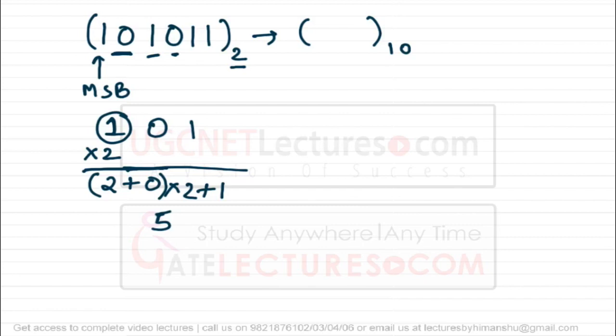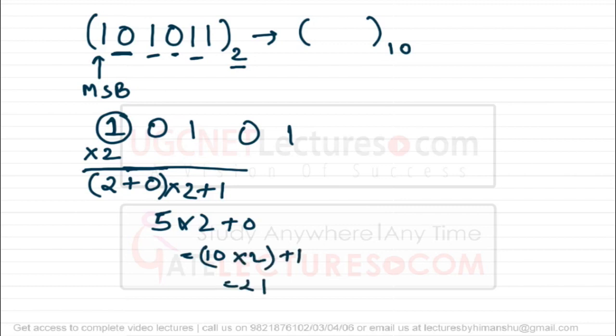Same: 5 into 2 plus 0. This becomes 10. Again, now I have to append 1: 10 into 2 plus 1. This becomes 21. Okay. Now the last one is remaining. To append this, multiply this with 2 and add 1. What do you get? You get 43.